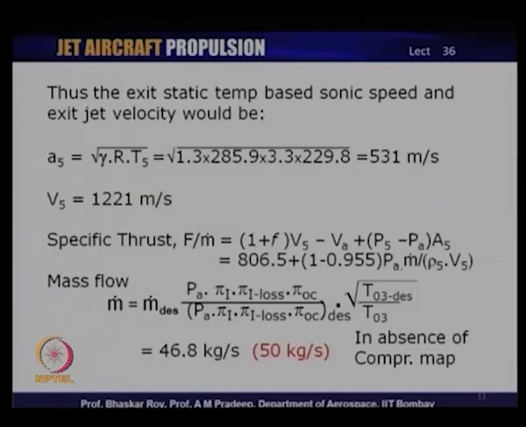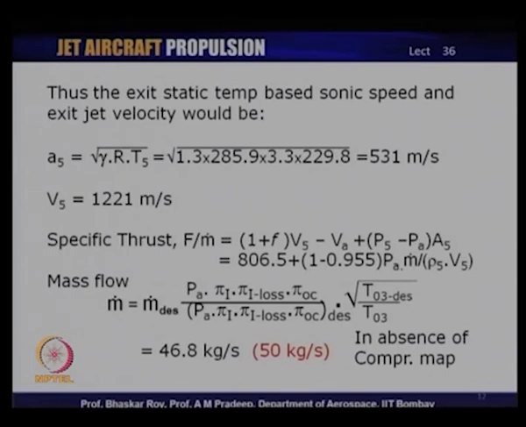If we now try to find out what is happening at the exhaust condition, first we find the sonic speed based on the exhaust temperature that we have already found. Putting together root over gamma r t at the exhaust face, using the values of gamma gas and r of the gas, we get a sonic speed of 531 meters per second at the exhaust condition of the jet engine.